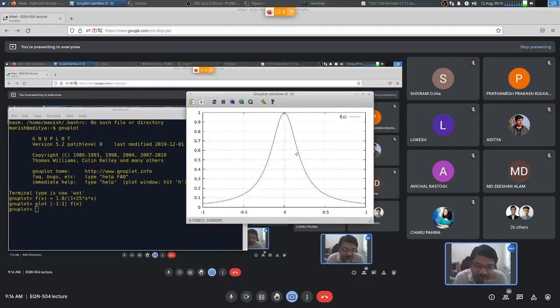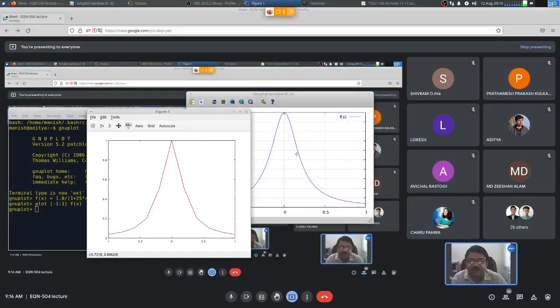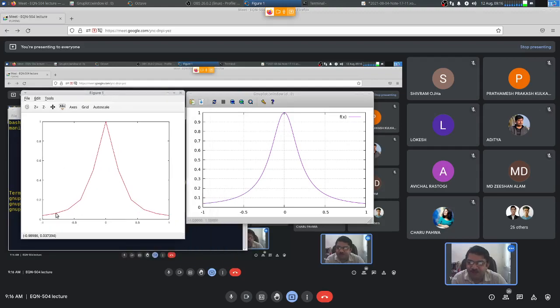This is the function that we actually have, and in the Octave plot window you see this because they are only discretely sampled points at 11 points, and they are just being joined by line segments in between those intervals.